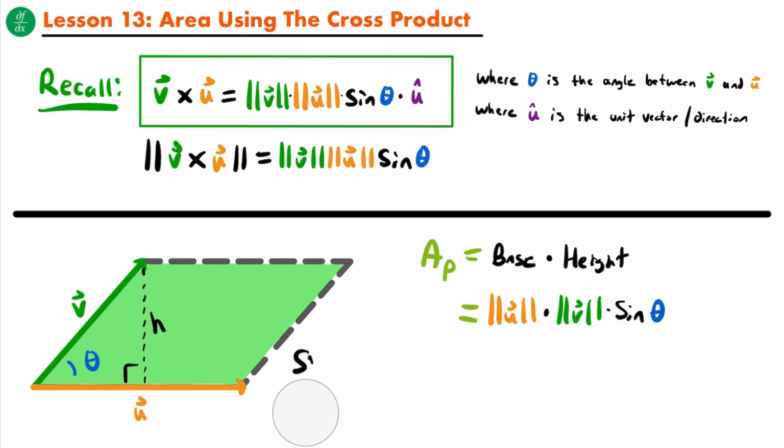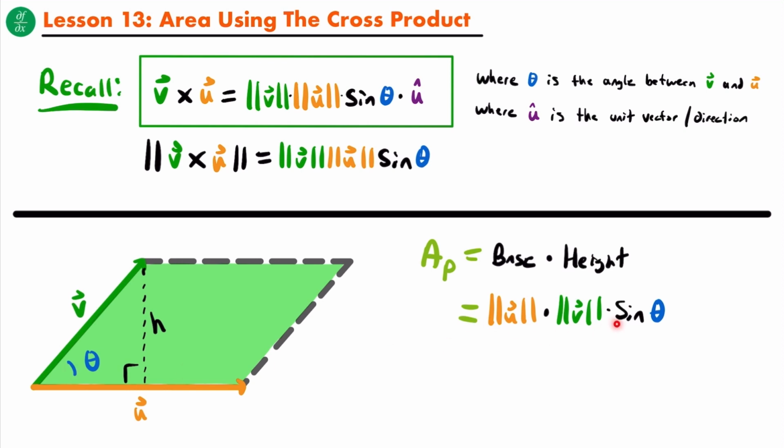And so now take a look at the result that we have. We can calculate the area of a parallelogram where two adjacent sides are represented by vector v and vector u by taking the magnitudes of those vectors, multiplying them together, and then multiplying by sine of the angle between those two vectors.